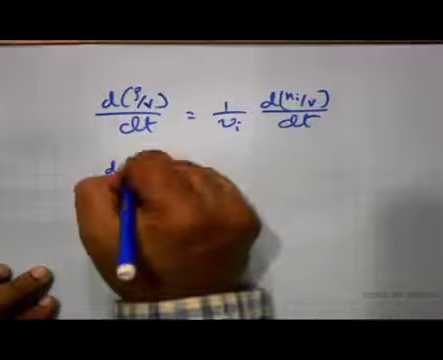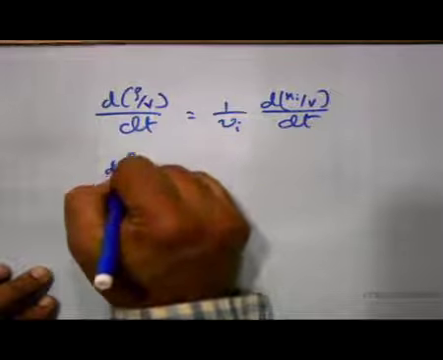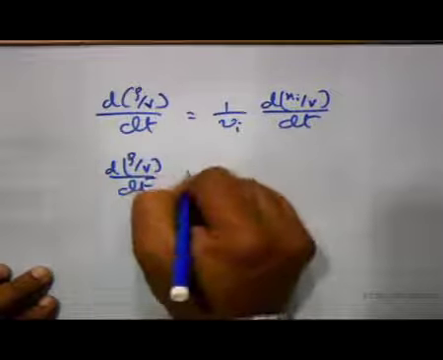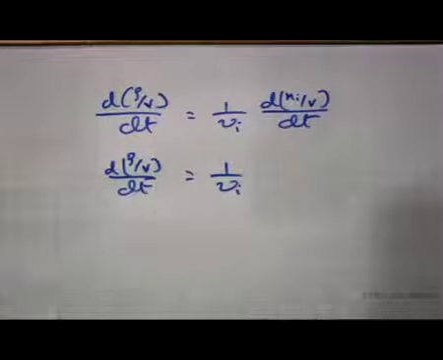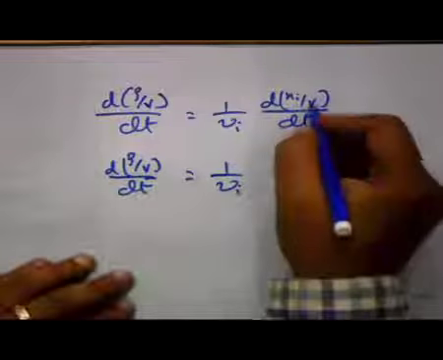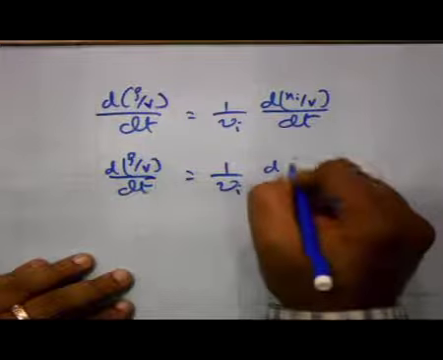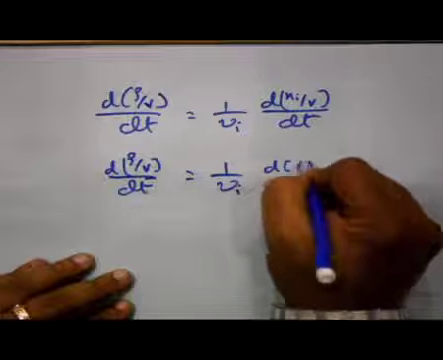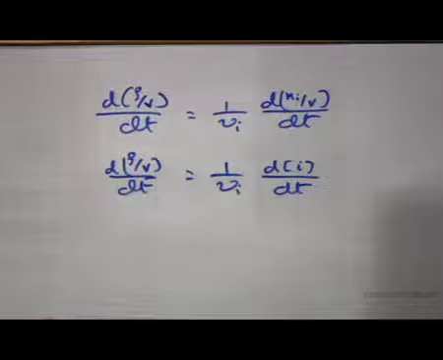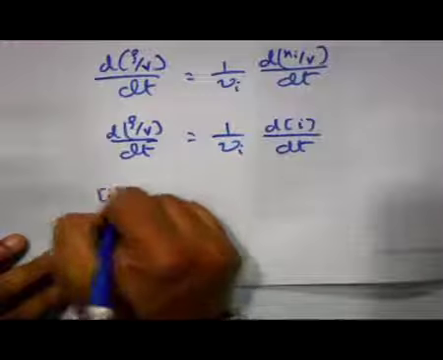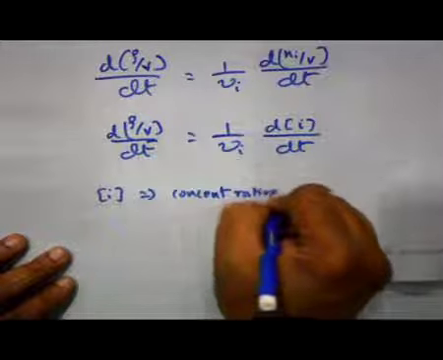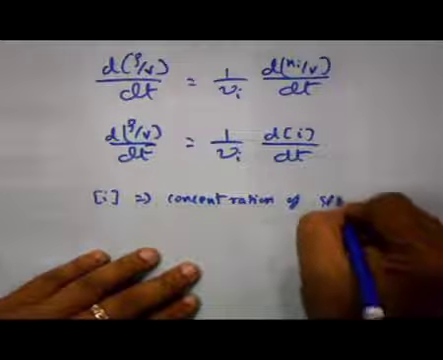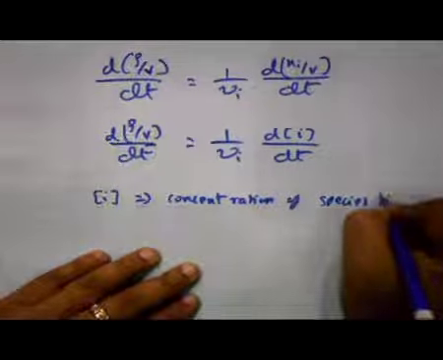So, this is the rate of the reaction. Again I write d(ξ/V)/dt is equal to 1 by νi, the stoichiometric coefficient, which obviously remains as it is a constant, then this can be written as d of the concentration of the species i over dt.